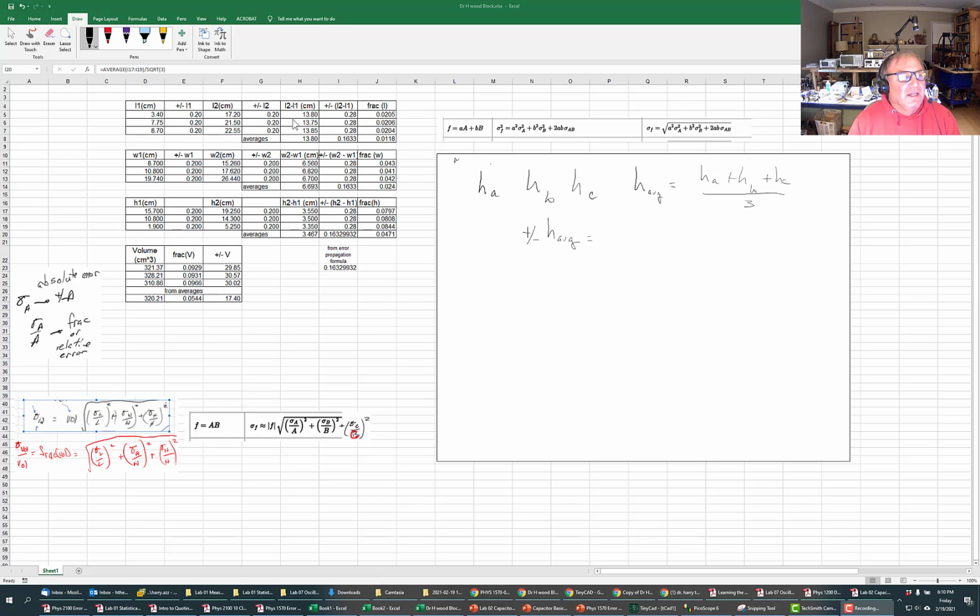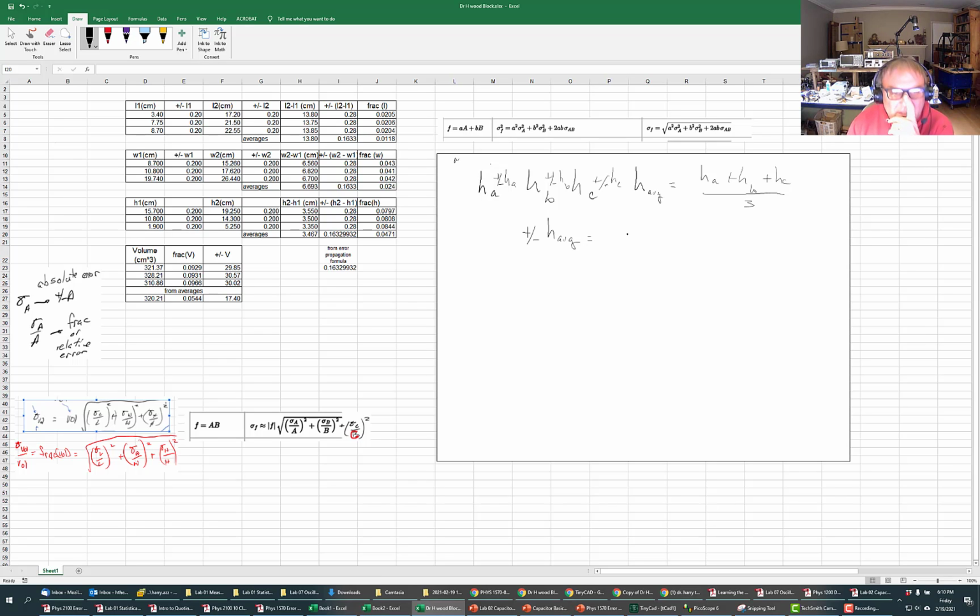I told you that the plus minus is to simply take the plus minuses on each of the H height measurements. So HA has a plus minus HA, and HB has a plus minus HB, and HC has a plus minus HC.